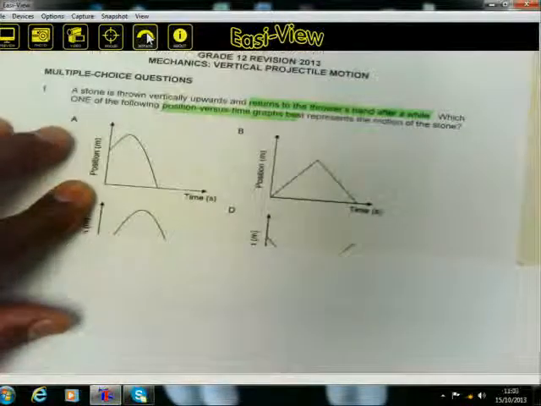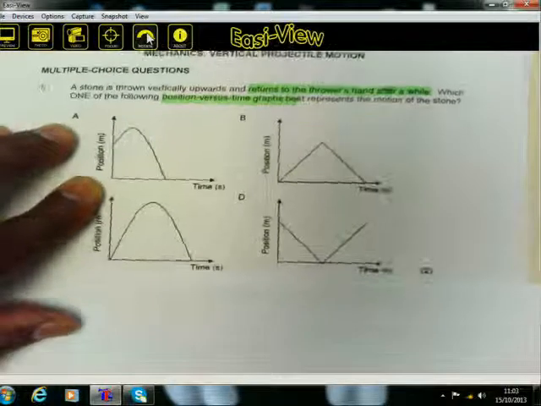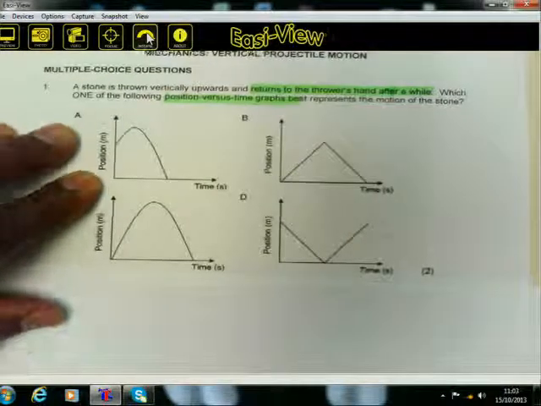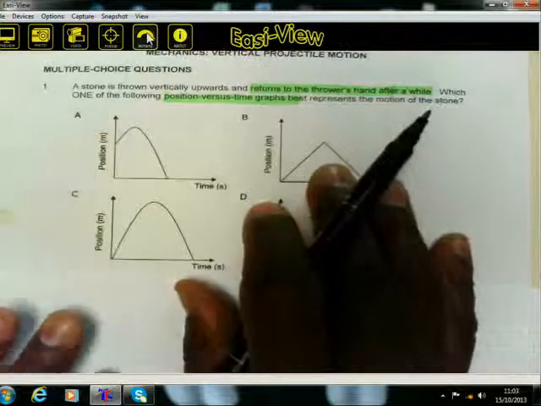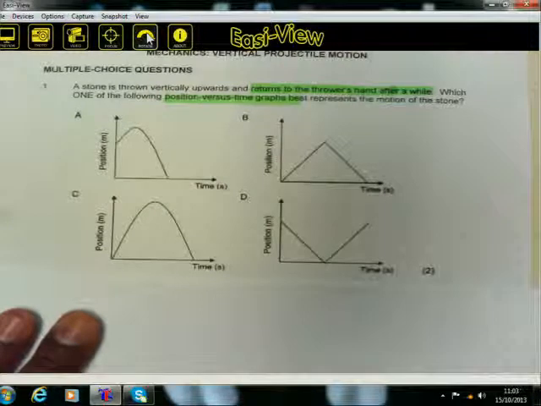Learners, as you can see here, I have tried to highlight some important aspects, some important terms. When you read the questions, remember to highlight important statements so that you can be guided by them as you answer the questions.